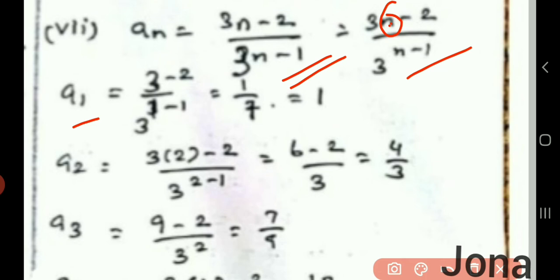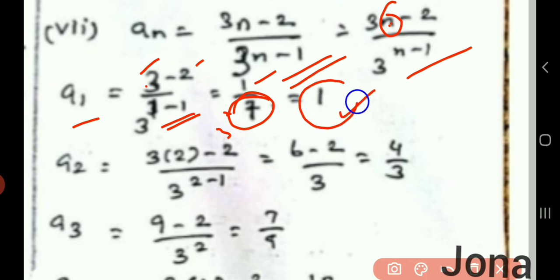So 3 into 1 is 3, minus 2, divided by 3 power (1 minus 1). 1 minus 1 is 0 here. So we got 3 power 0 only. 3 power 0 is 1 here. At the numerator also, 3 minus 2 is 1. So 1 by 1 equal to 1. We got the answer as 1 now.